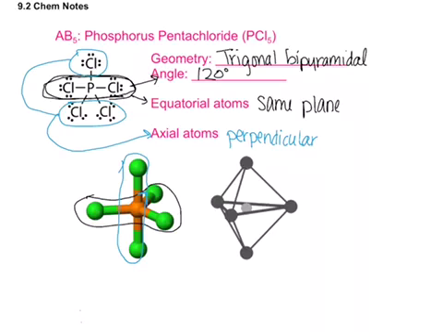And so we have a very 3-dimensional structure. And a little bit about the name, you can see that we have 2 triangles going on, the top one and this bottom one. That's where we get trigonal, because of the triangles. And then bi for 2, and pyramids because we have 2 pyramids stacked on top of one another.